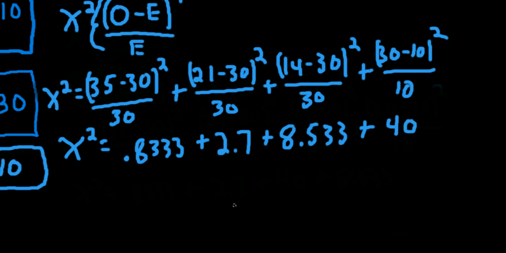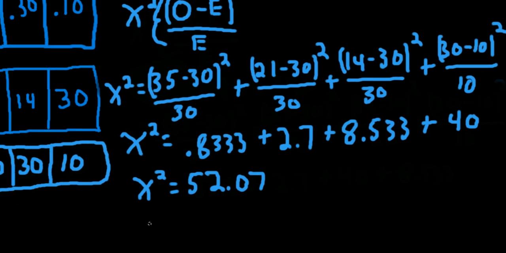So if we add those values together, we get roughly 52.07, which is a rather large chi-square value.